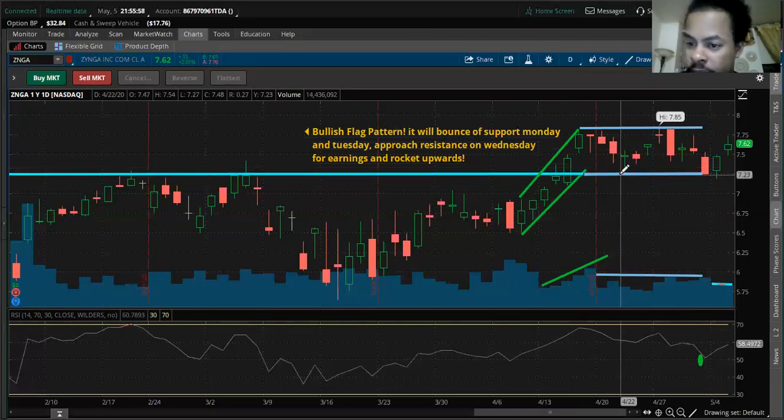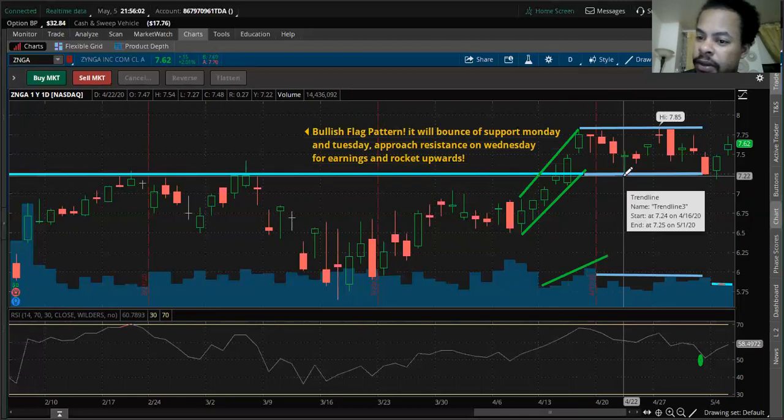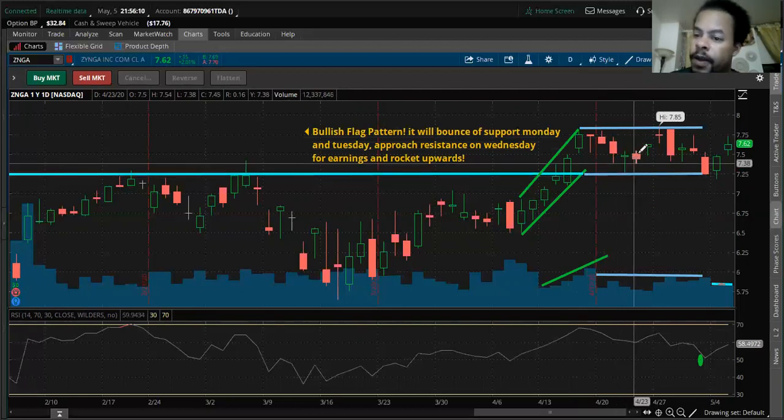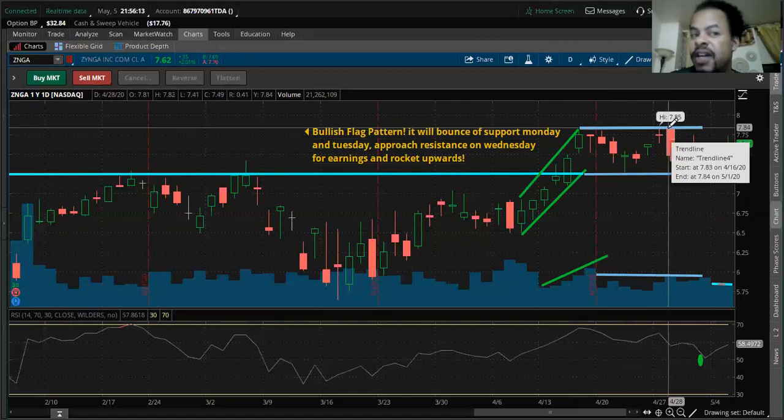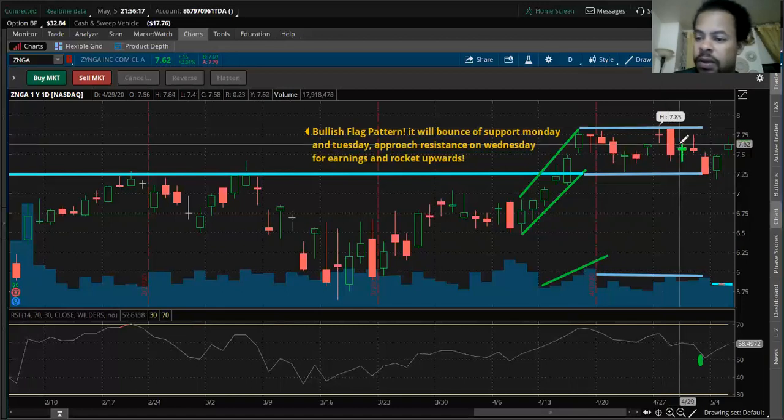So support is an area where investors get in. So it might be because investors feel that the stock is cheap, so they're gonna get in at support. Resistance, again, is an area where investors might feel that it's too expensive and they're gonna sell. So it channeled for about 2 weeks.